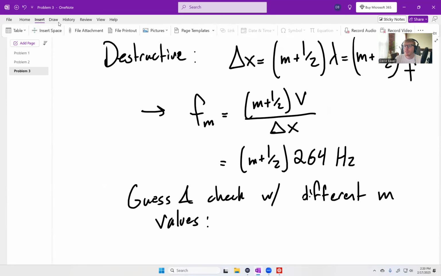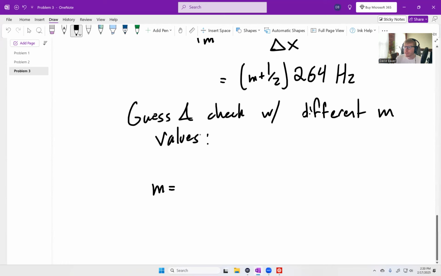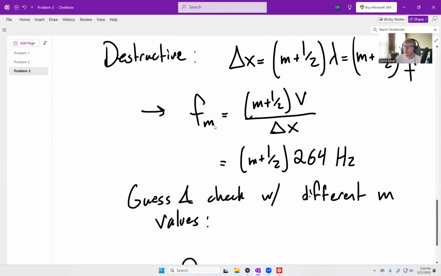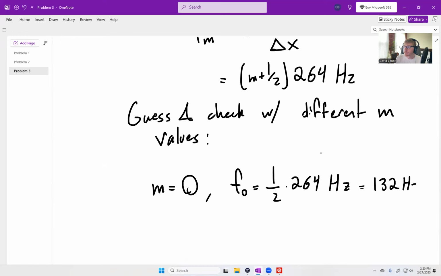So for each m that we plug in, we're going to get a different value of the frequency. Starting with m equal to 0, we just get 1/2 times our frequency. That's 132 hertz. That's outside of our range.